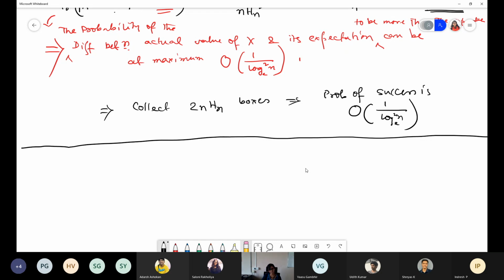Now, if you want to have a better bound, then think like this: you have these boxes. Say you have collected t number of boxes, and still you have not got the ith coupon. The ith coupon is not in any of these boxes.